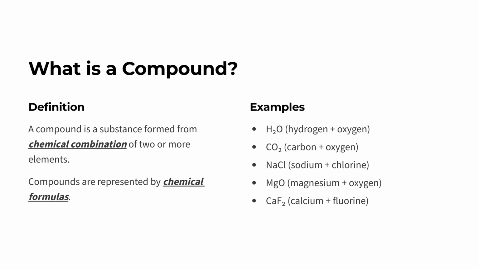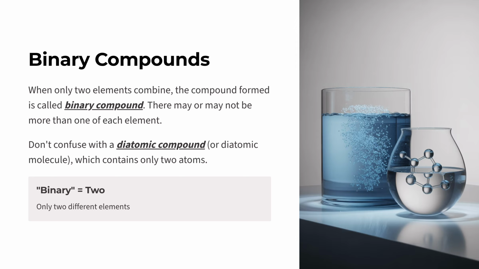Now, let's zoom in. What do we mean by a binary compound? The word binary means two. So, binary compounds are made of only two different elements. Not three, not four, just two.